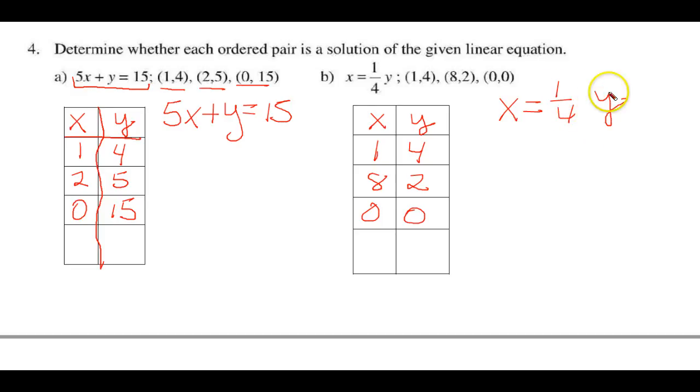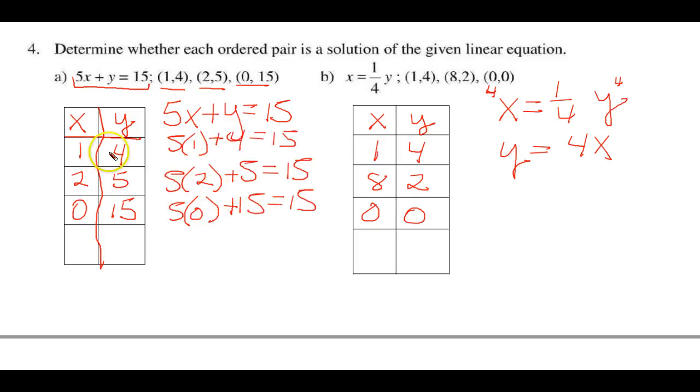And as a help, if we solve this equation for y, just multiply both sides by 4, y equals 4x. So you can put these values in either of these equations to see if it's a true statement. And let's give you time for that.